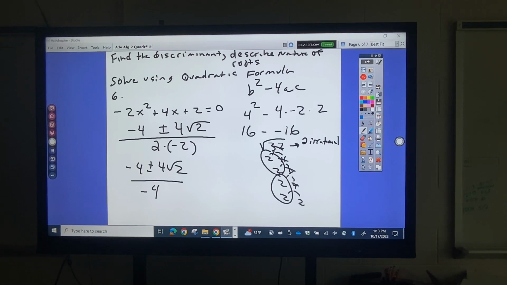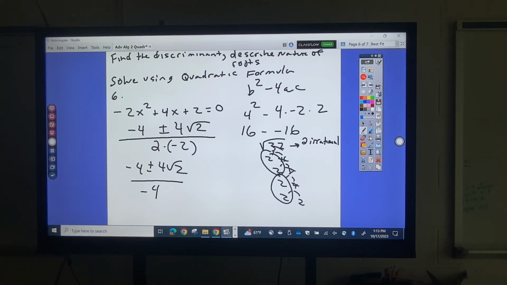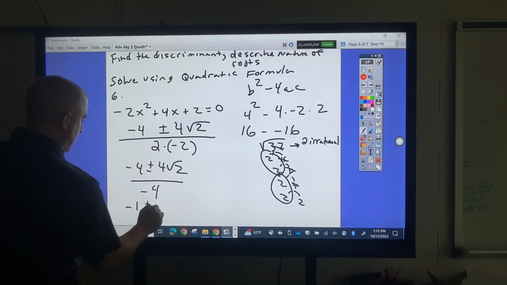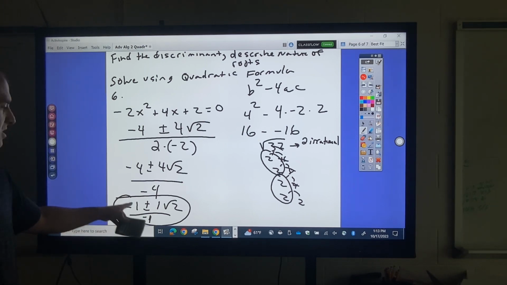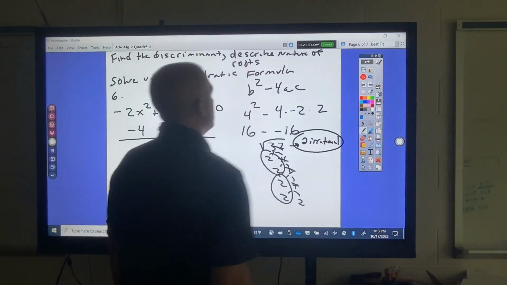What can they all be divided by? All of these can be divided by 4. So in this case, I would have negative 1 plus or minus 1 square root of 2 all over negative 1. And that would be the answer. I would not reduce that. You could divide that there and make that positive. That also works, but there would be 2 irrational solutions there.